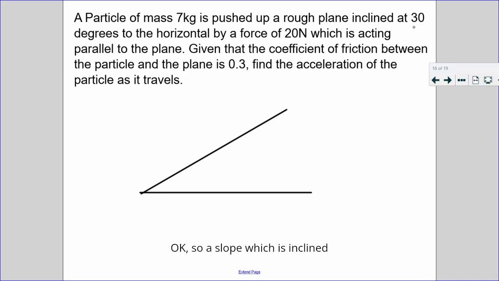Okay, so a slope which is inclined at 30 degrees.